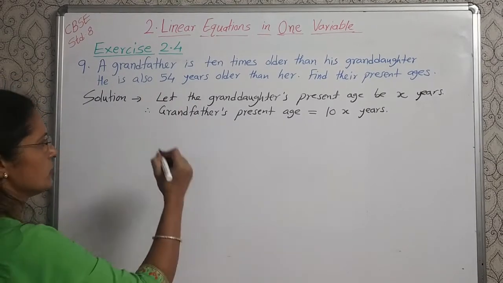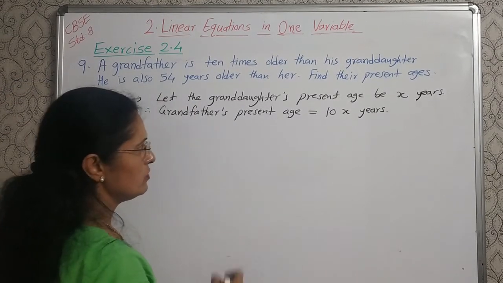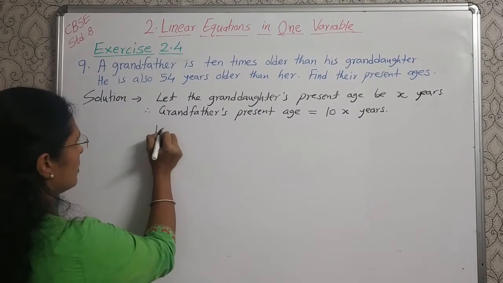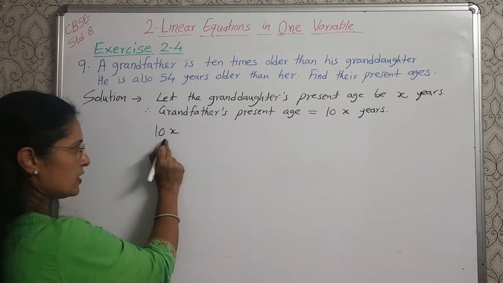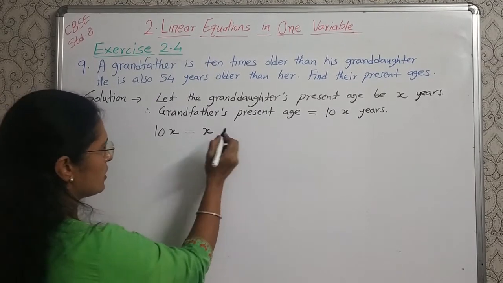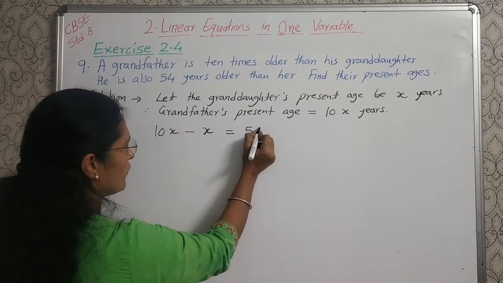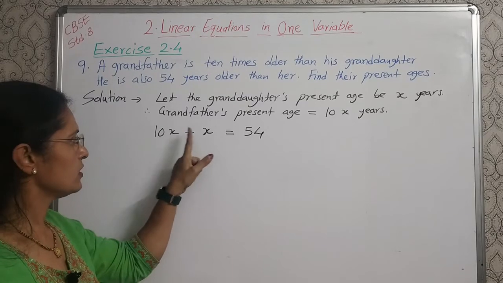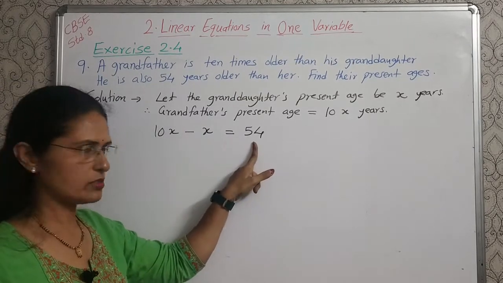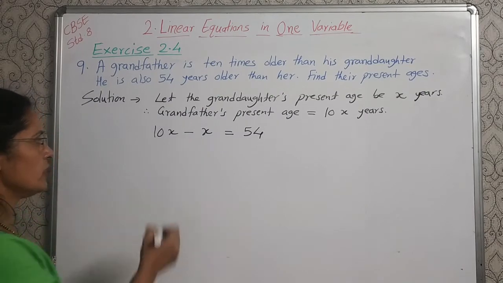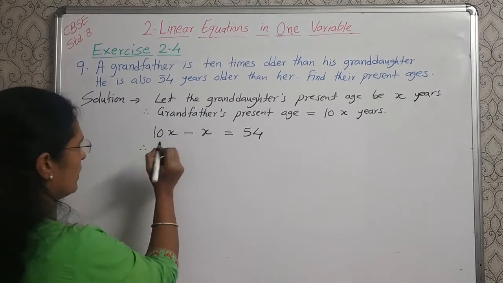So from that condition we can write the equation for this question, and that equation is 10x, that is grandfather's age, minus x, this is granddaughter's age, is equal to 54. So the age difference between grandfather and granddaughter is 54 years. Now we will solve this equation, linear equation, in one variable, and we will get the value of x.